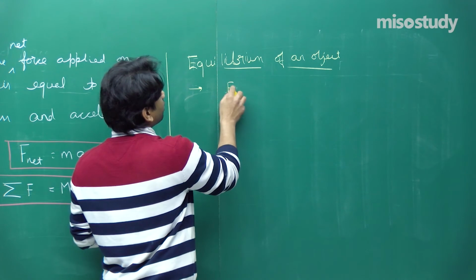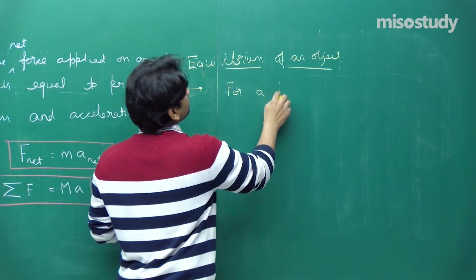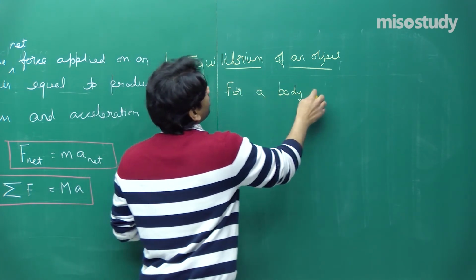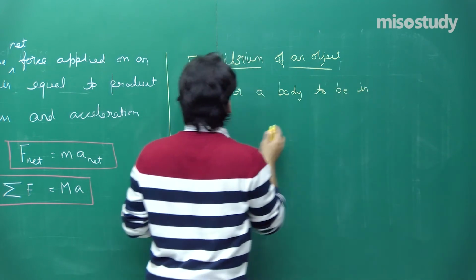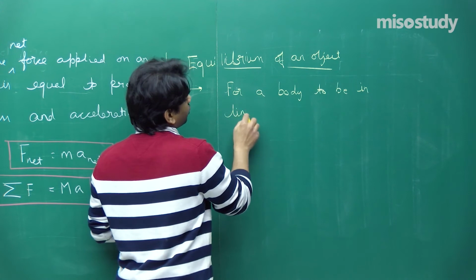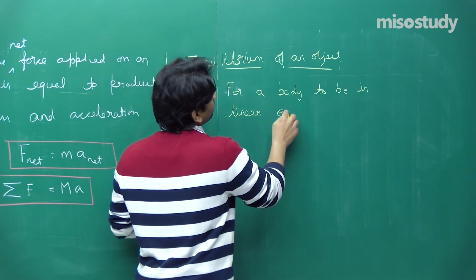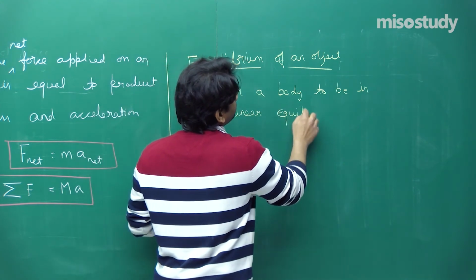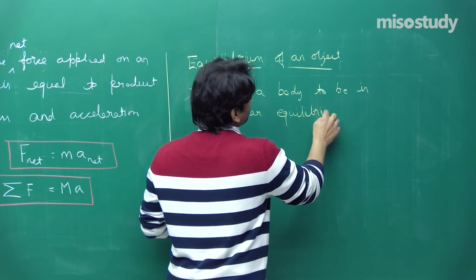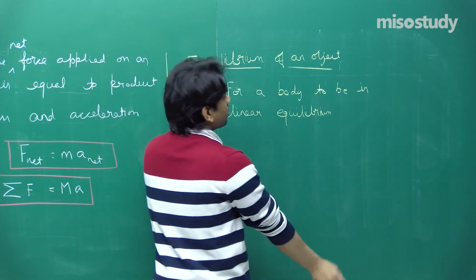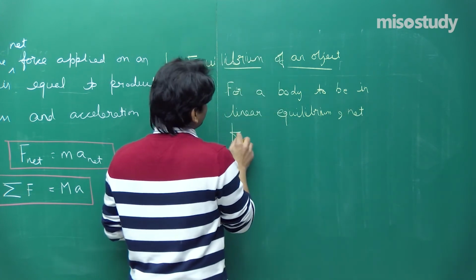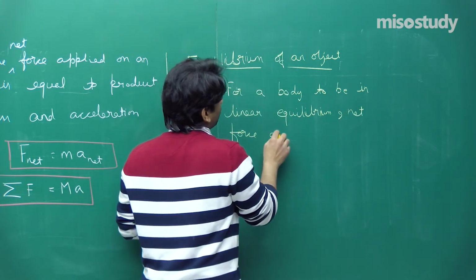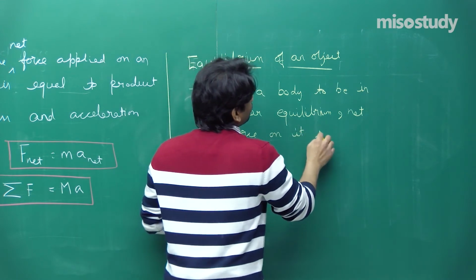For a body to be in linear equilibrium, the net force on it should be 0.